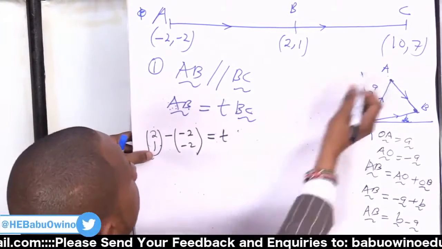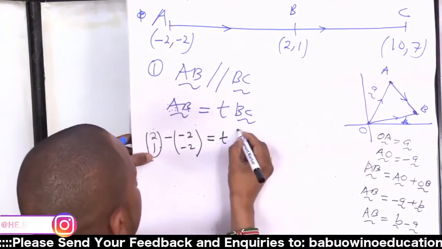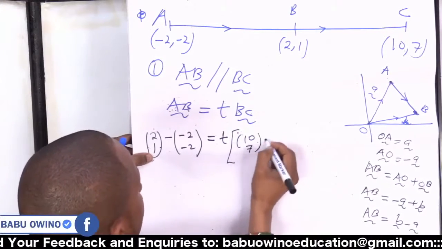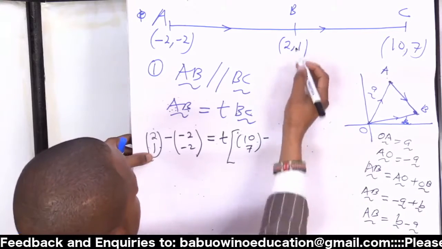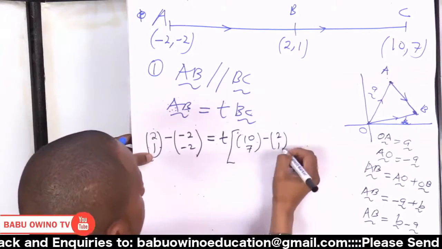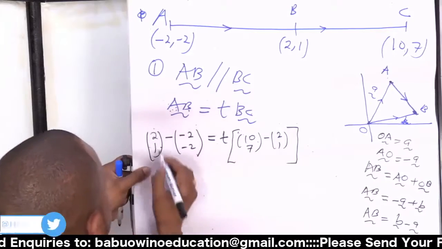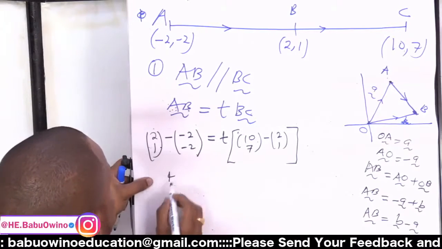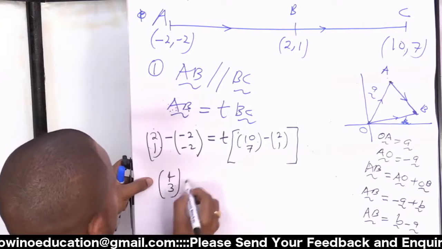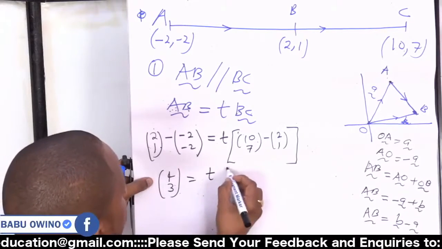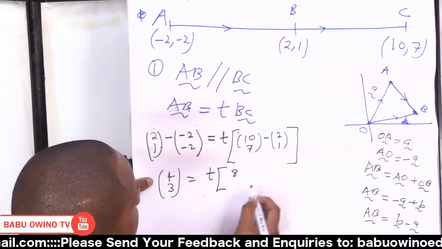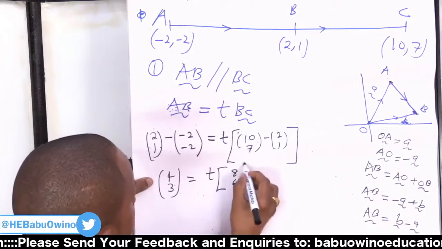But BC means C, which is (10, 7), minus B, which is (2, 1). So 2 minus minus 2 is 4. 1 minus minus 2 is 3. Equals T times 10 minus 2 is 8. 7 minus 1 is 6.